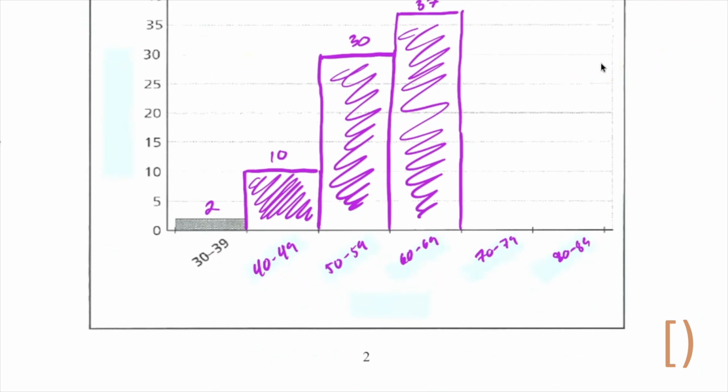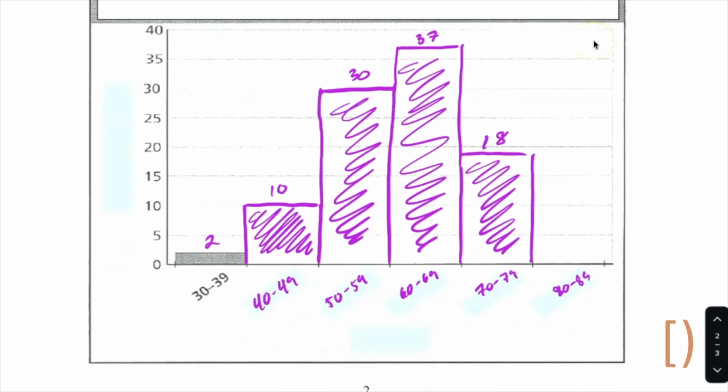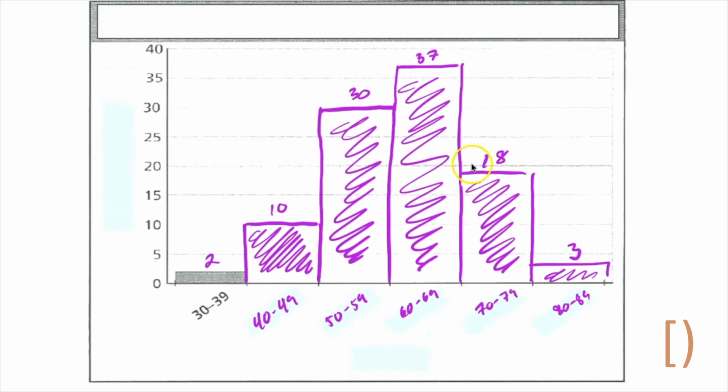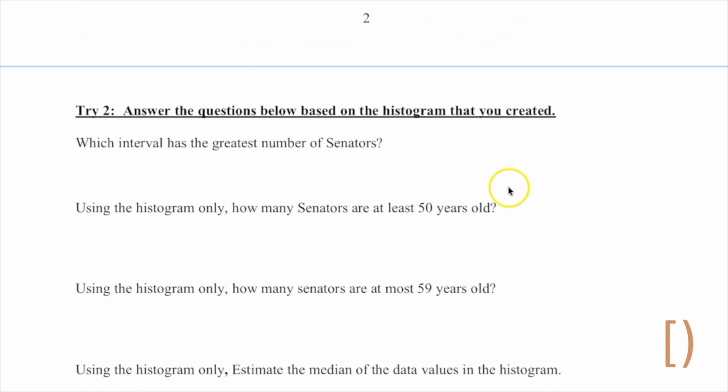So 20 is right here. So that's 18. Again, just an estimation. And 80 to 89, I believe that was 3. So yeah, 3. Just like that. And there's our histogram. And now that we have it, we can use it to answer a couple of questions.